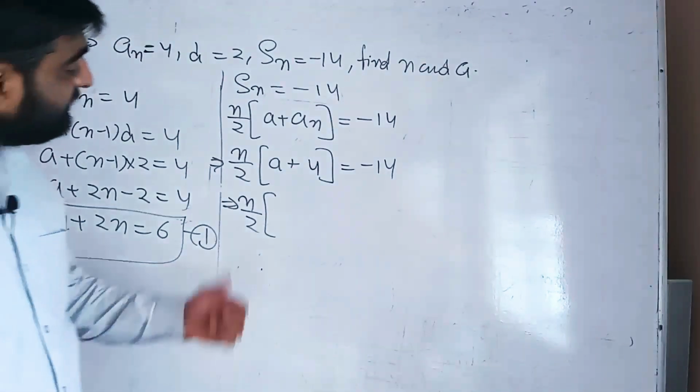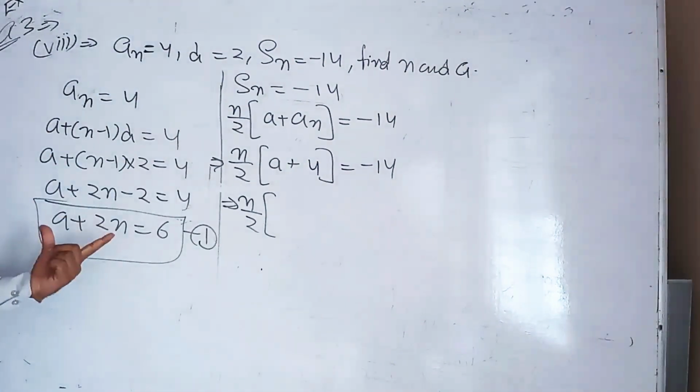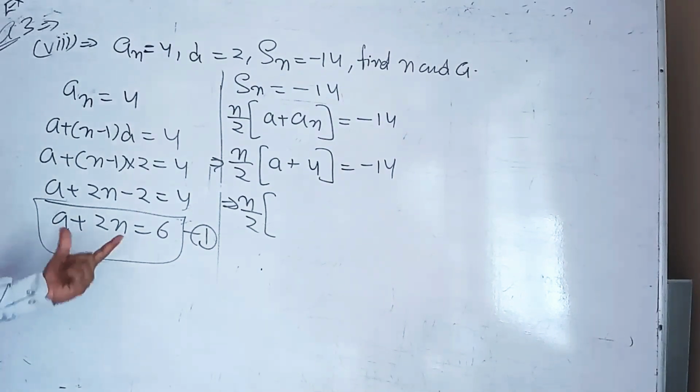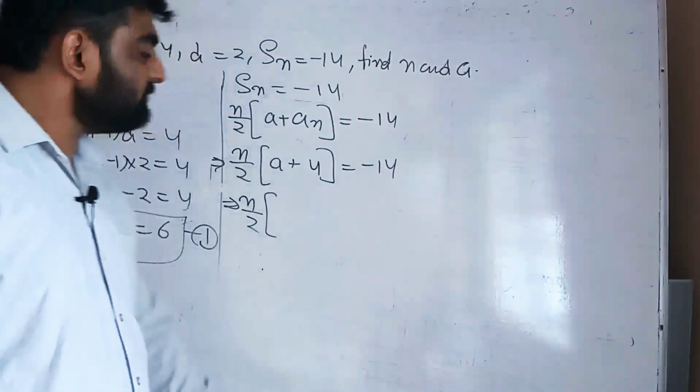Here we have to replace the value of a. Why do we replace the value of a? Because here two unknown terms are there, a and n, and in equation 1 also two unknown terms are there, a and n.